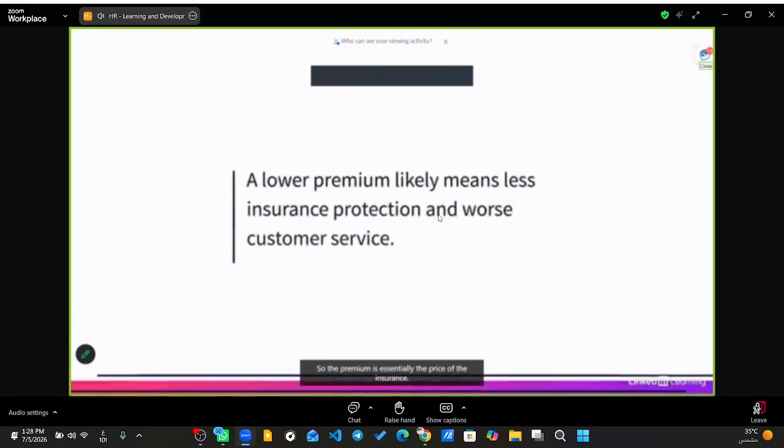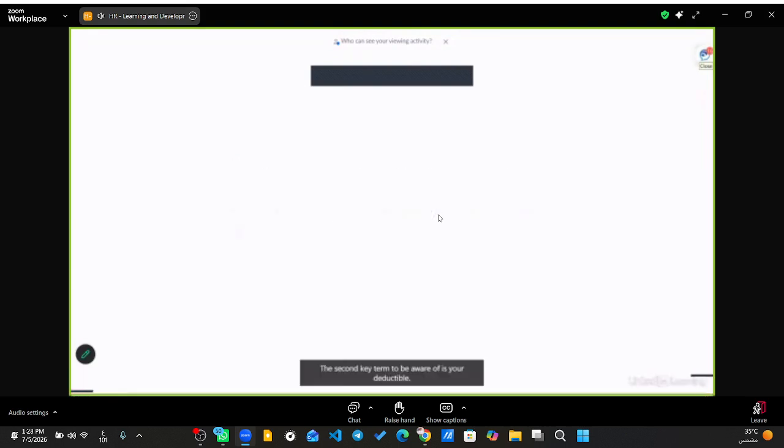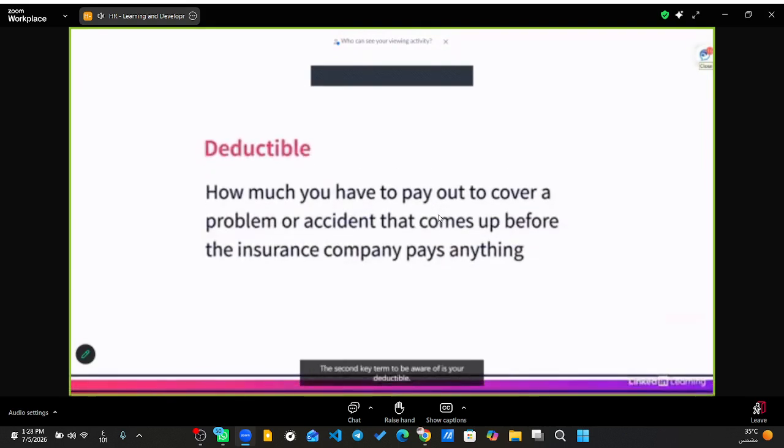So the premium is essentially the price of the insurance. A lower premium is better and cheaper, but remember that a lower premium also likely means less insurance protection and worse customer service. The second key term to be aware of is your deductible.